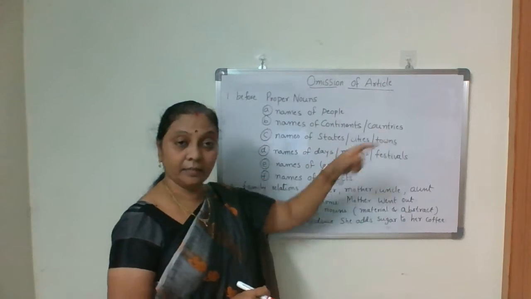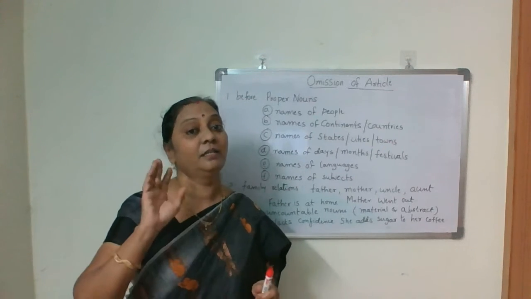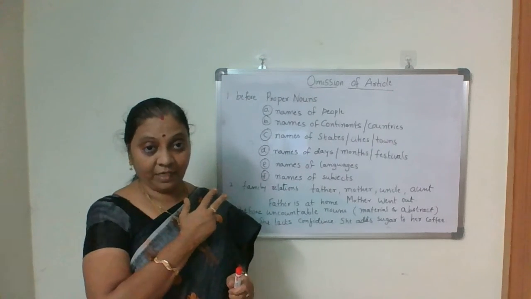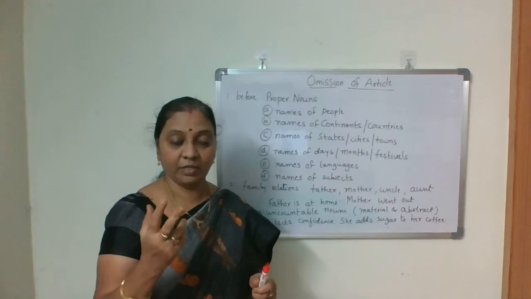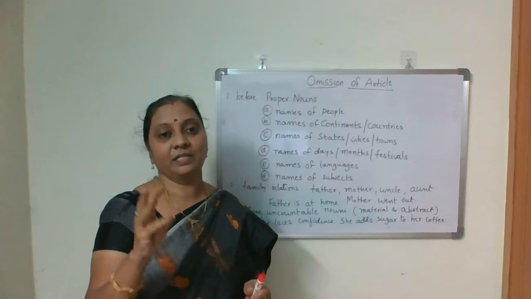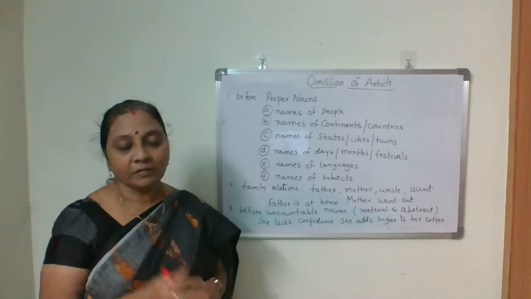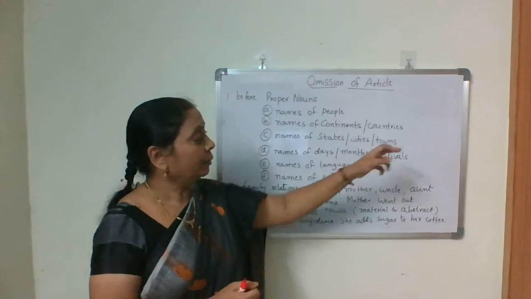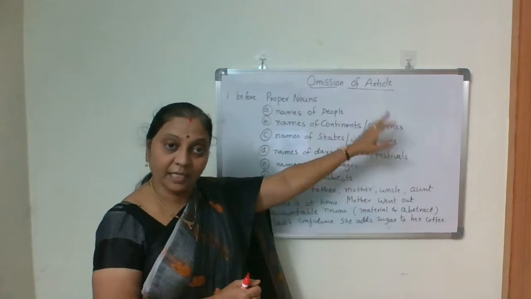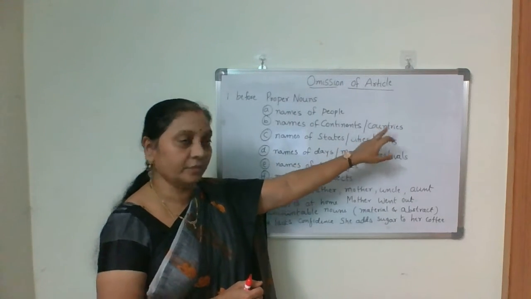But for countries, there is an exception. We have observed that the is used when there is union, states, kingdom, republic, or Soviet, or Emirates. In such cases only you can use the.